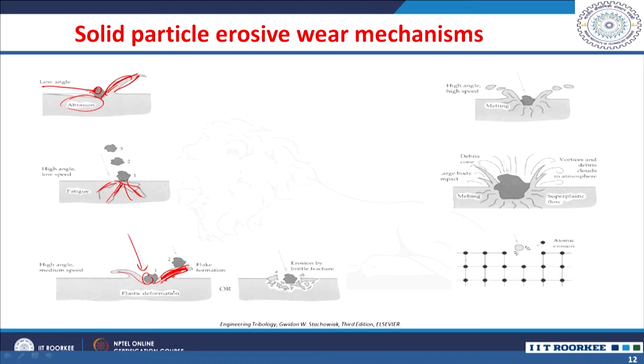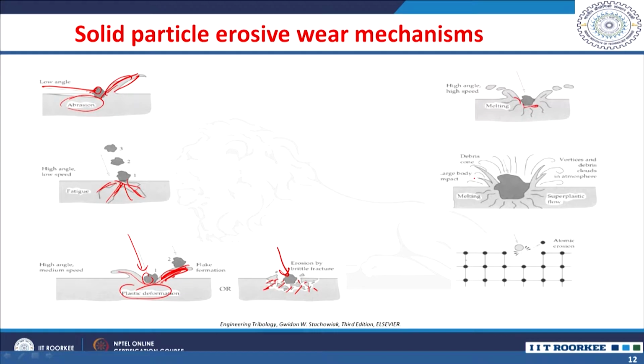Or if the material is not plastically deformable, that means it is a brittle material like ceramics, whenever these particles strike at higher angles with a medium speed, there is a lot of fracture near the contacts. That will lead to brittle failure by the propagation of such cracks. At high angles and high speeds there is a possibility of melting in addition to this cracking, or there may be certain secondary effects like superplastic flow, melting, or deformation of the debris, and so on.